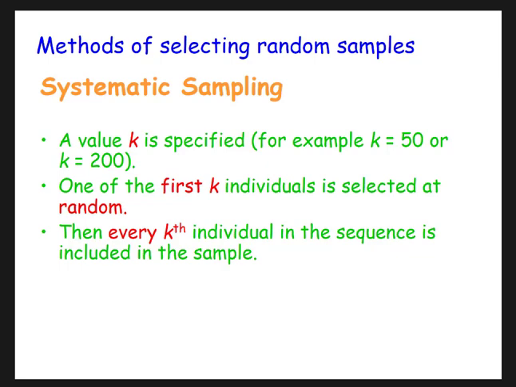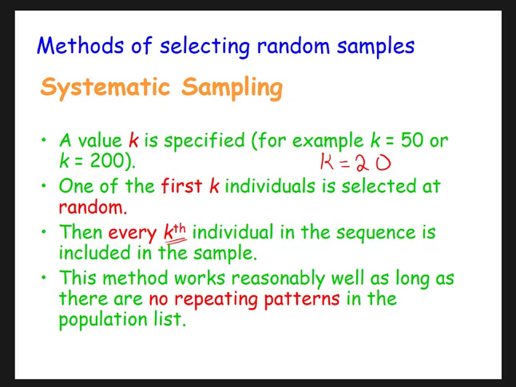In this example, k was 20, because we had 2,000 students in the school and we wanted a sample of 100, so 2,000 divided by 100 gave us 20. That's why we selected a student from 1 to k, from 1 to 20, as a starting point, and then we went every 20th one, or every kth one, after that.